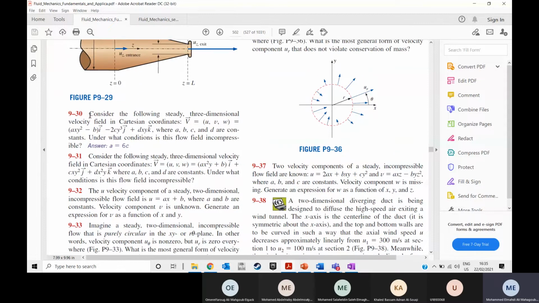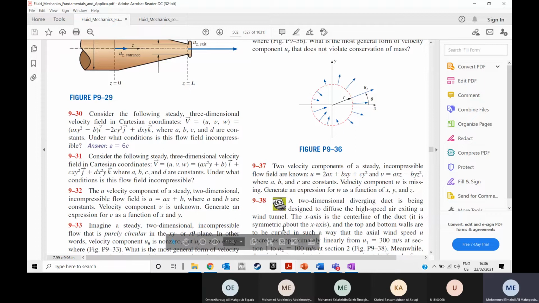These are usually the type of questions that come in multiple choice, you will likely see many of them if you have a midterm or maybe even in a quiz. So how can we solve these? Simple derivatives quickly, you can get the relation, then you plug it in. So what is the condition that will make this flow field incompressible?